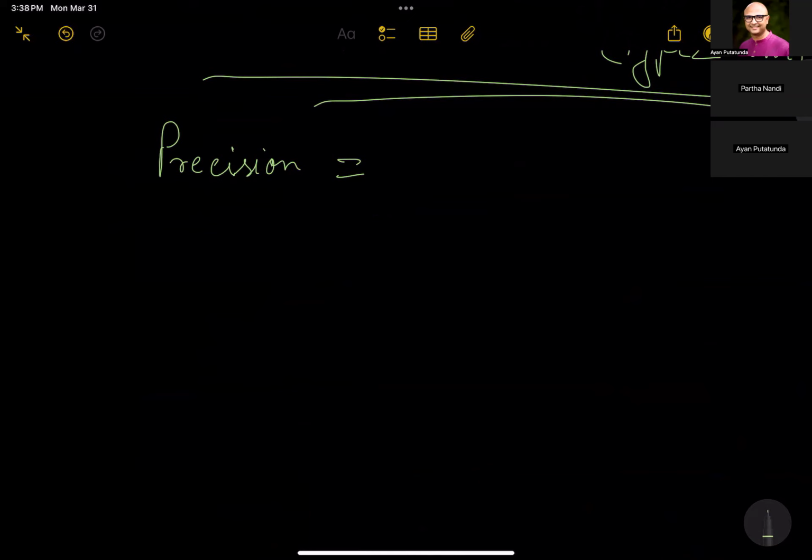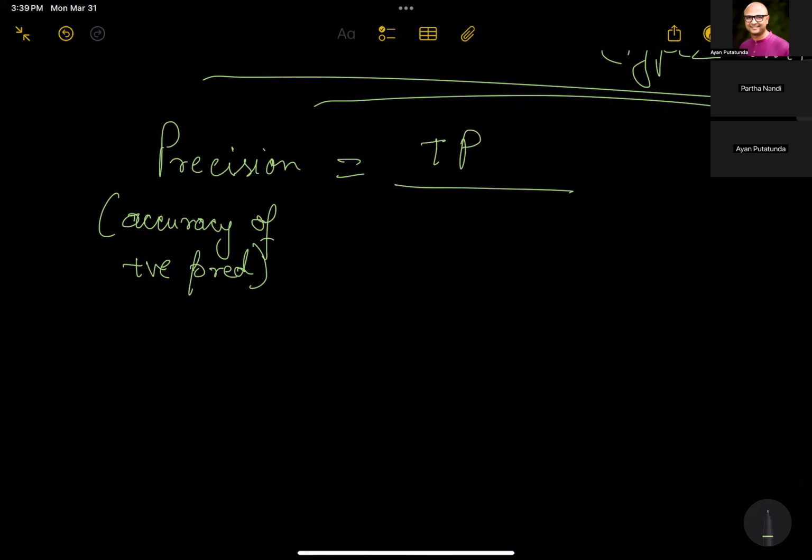By definition, it says it is the measure of accuracy of positive predictions. So the formula for precision is true positive divided by the total number of true positive and false positive.